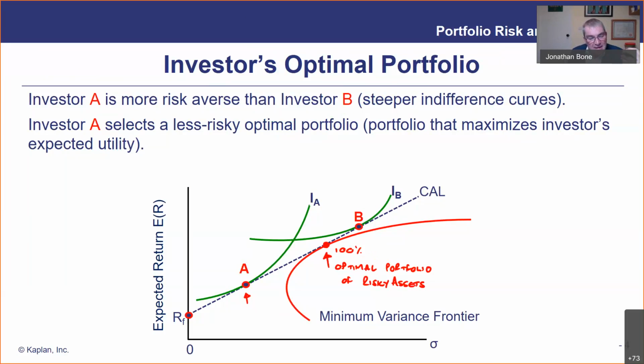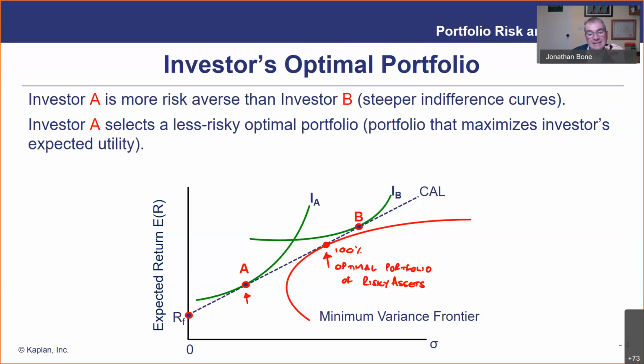How can we do this? Well, not only can we lend at the risk-free rate, we can also borrow at the risk-free rate. So portfolio B here is a leveraged portfolio. This individual has borrowed at the risk-free rate and invested more than 100% of their wealth in the optimal portfolio of risky assets.